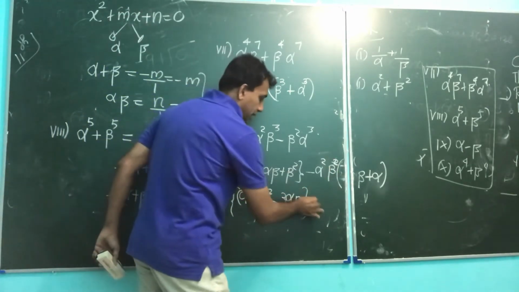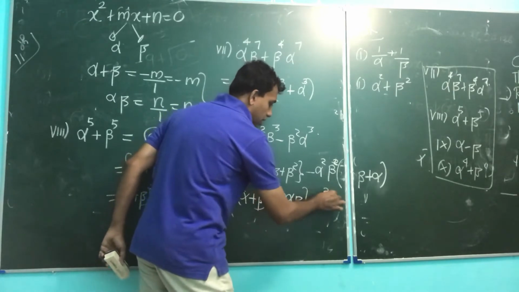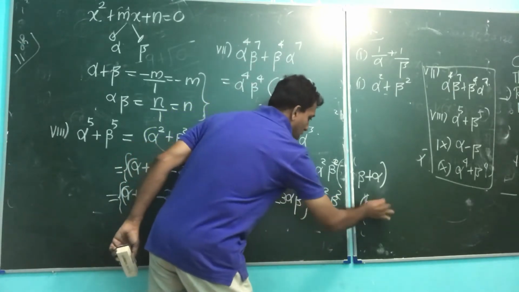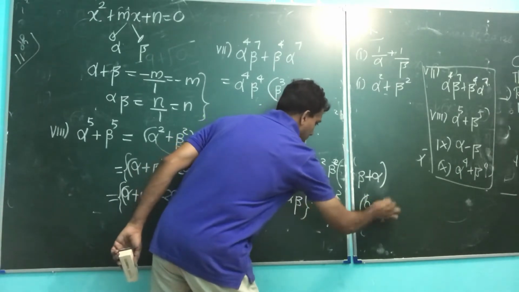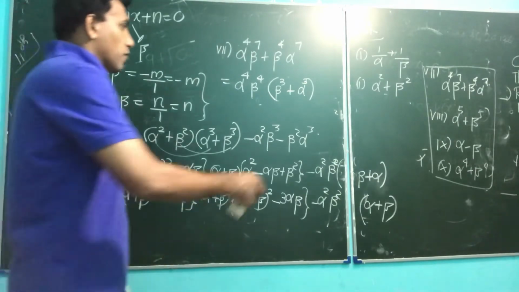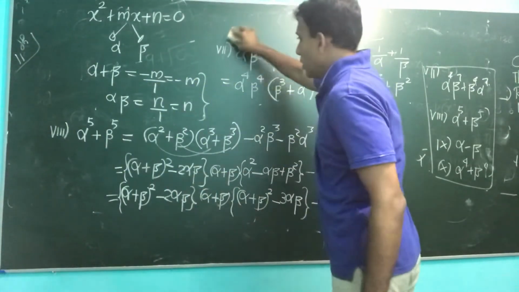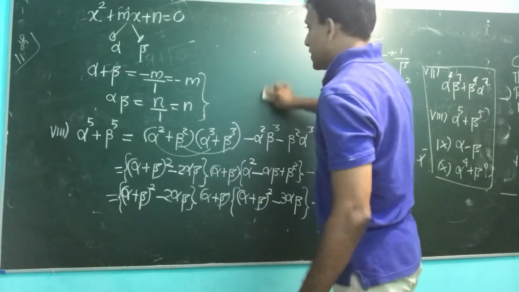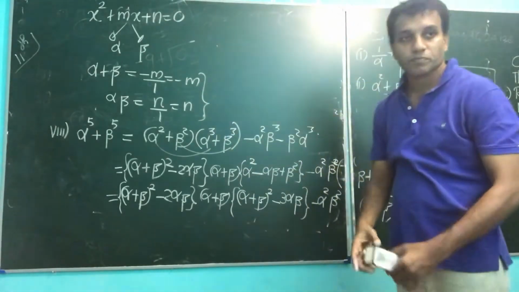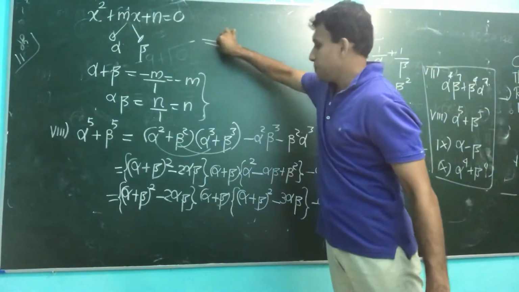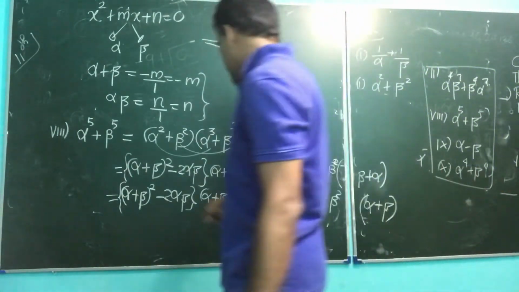Finally here, minus alpha square beta square, alpha plus beta. Okay, that's all. Now you can write the values of all this. Alpha plus beta, say minus m. Alpha into beta, say n. So what is this bracket?